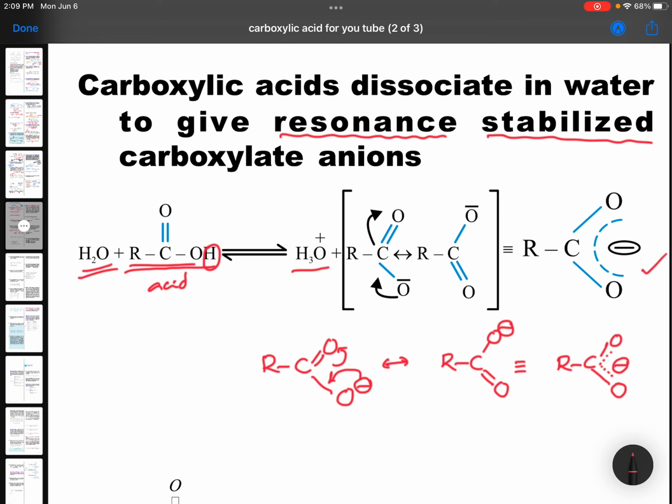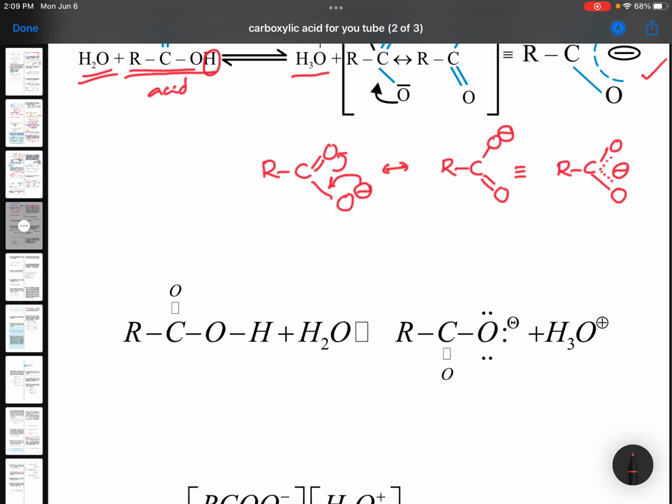This is the resonance hybrid. So RCOOH, when treated with water, gives RCOO minus and H3O plus.